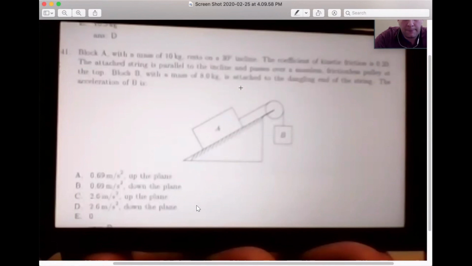If it's not immediately obvious, you just start by doing a free body diagram for each object involved. You can think of the two blocks and the string, but the string is massless, so it doesn't contribute here, and friction is the same throughout the string. But at the end of the day, you're going to realize that this is the first external force.